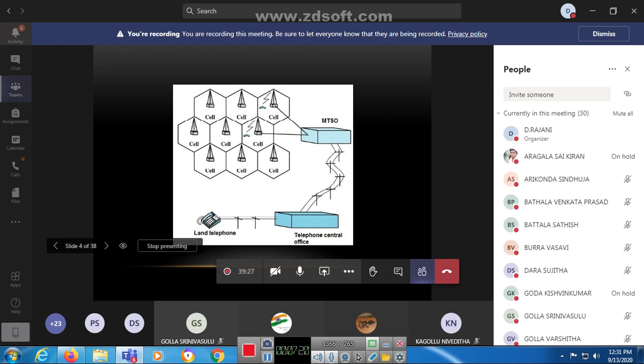Then it gives the signals to the mobile telephone switching office, which receives the signals and transmits them to the nearest cell base station. That base station is connected to the cell, and then the call will be connected. Likewise, mobile originating.